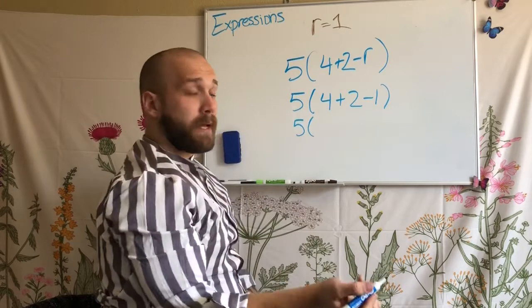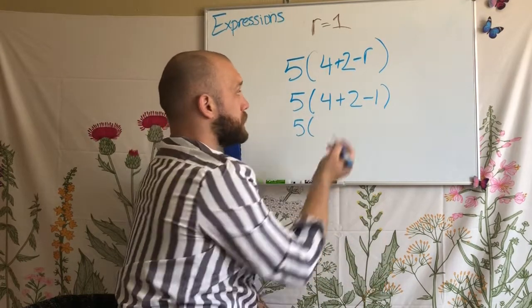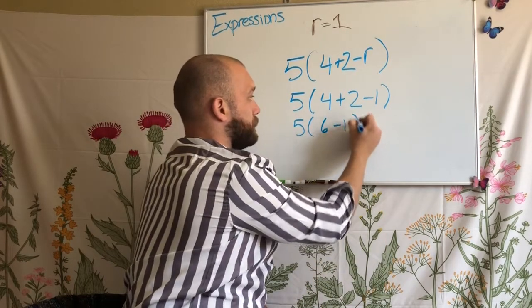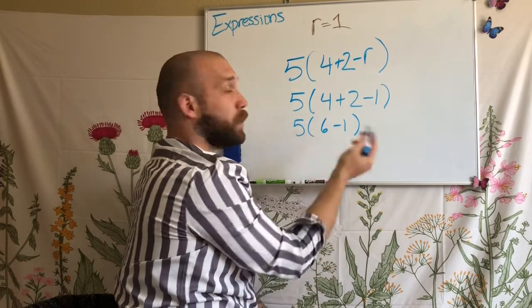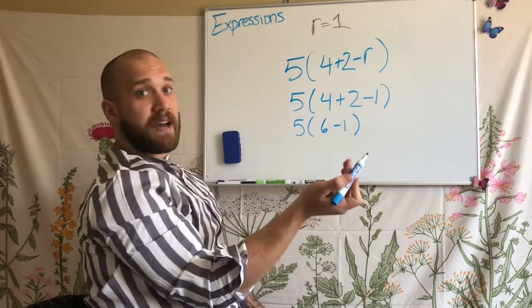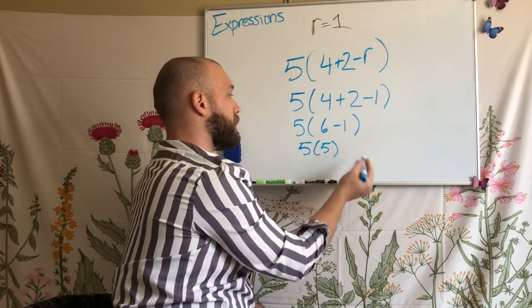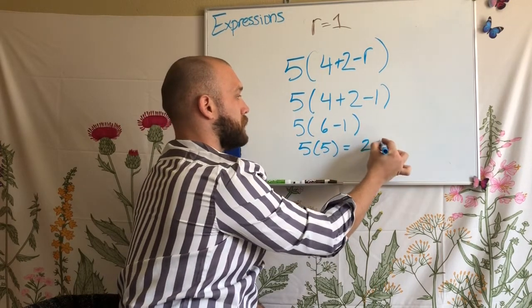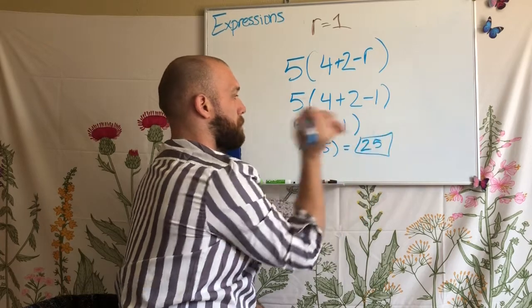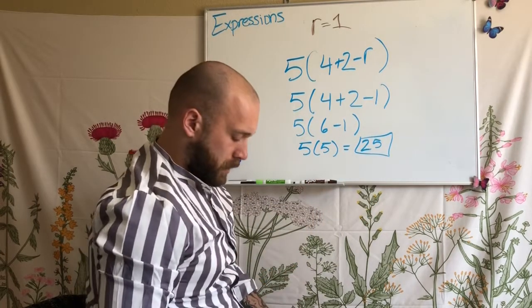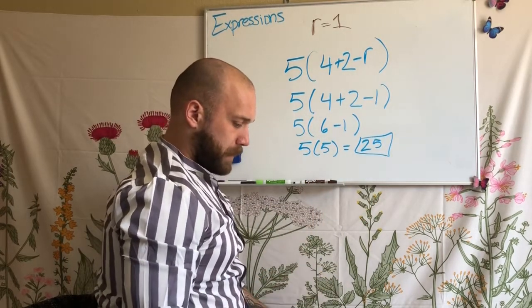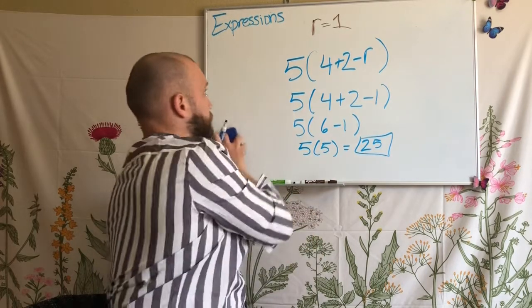Rewriting it again, working out the problem. What's 4 plus 2? 6. Minus 1. What is 6 minus 1? 5. So I have 5 times the quantity of 5, giving me the answer 25. And I'm boxing in my answer. So, next one. Problem B.